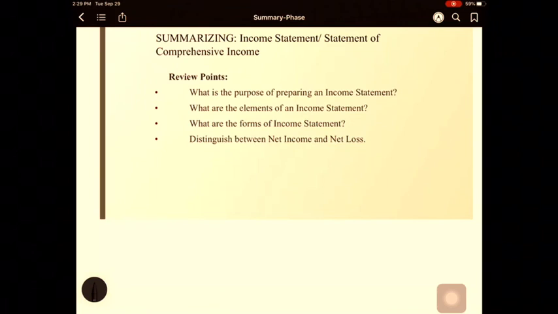And of course, you should know the difference between net income and net loss. When is there a net income? If the total income is more than the total expense, then there's a net income. On the other hand, if the income is less than the total expenses incurred, then there is a net loss. So that is how we prepare an income statement.